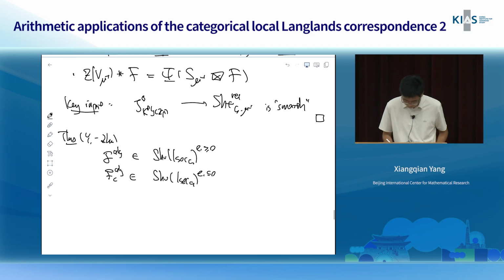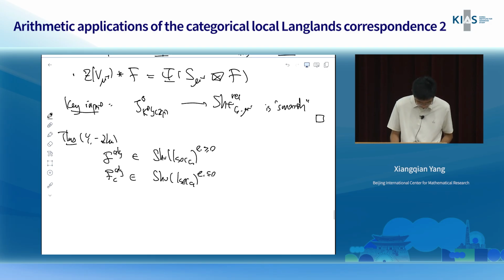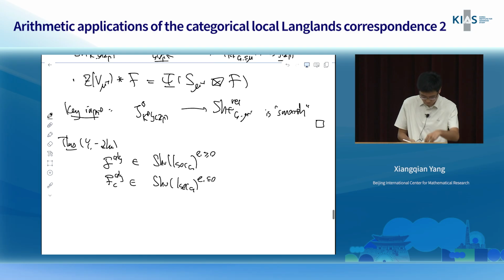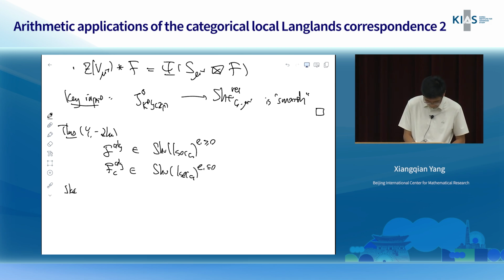So this works without the assumption that the Shimura variety is proper. So if it's proper, then these two Igusa sheaves are identical. So then the Igusa sheaf will lie in the heart of the t-structure. And so let's then give a sketch of this.